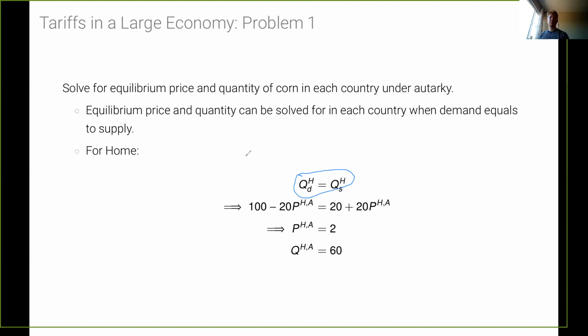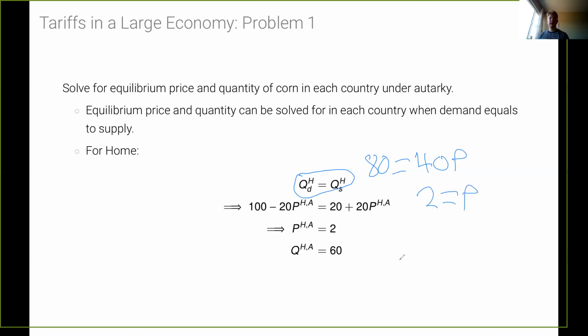That gives us 200 minus 20p equal to 20 plus 20p. Just manipulating things on each side, if I subtract 20 on both sides, I get 80 on the left-hand side. Then if I add 20p to both sides, I get 40p on the right-hand side. And then dividing by 40, what do I get? I get that the price must be 2.